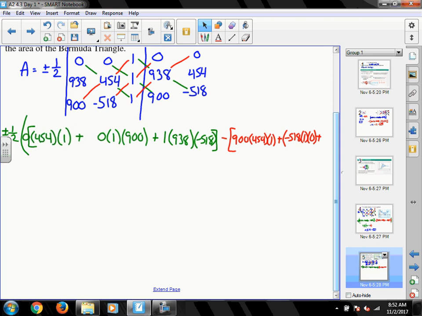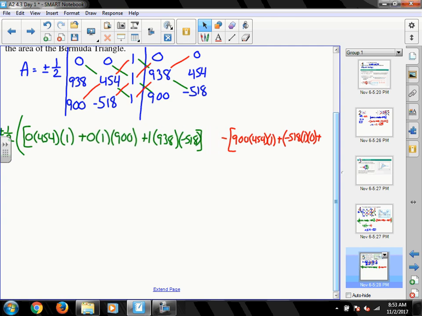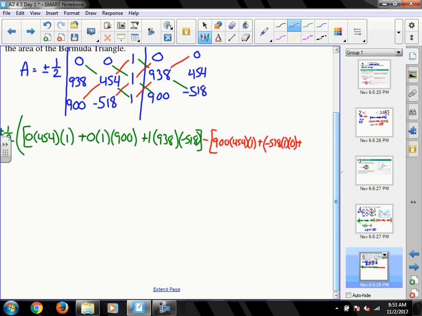Let's see if I can scoot some of this over just a little bit. Scoot that over, scoot that over. There, that should give me just about enough room to get this in. So I'm going to take 1 times 938 times 0.